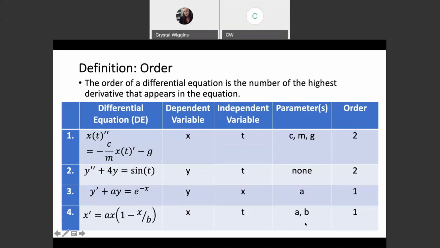Typically when you're using y for a dependent variable, you use either x or t for your independent. And when you use x for your dependent variable, you will never typically use y for your independent; you would use t for your independent. So the independent is not always visible, and that's when you default to that rule of thumb: for y, the typical independent would be x, sometimes t. For x, the typical independent would be t.